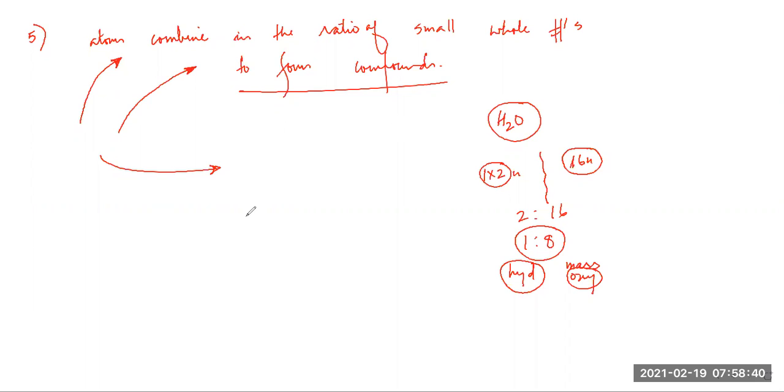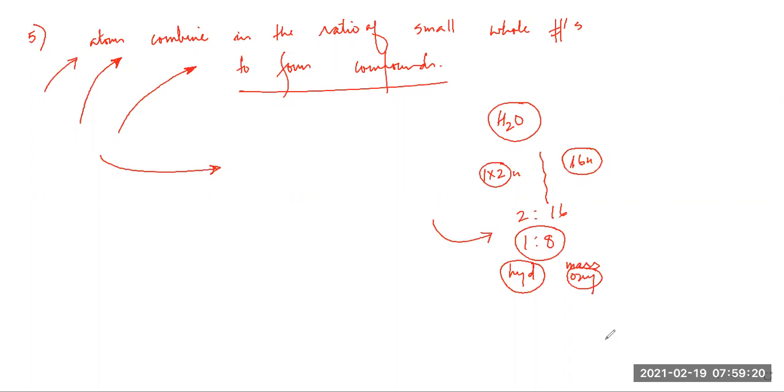But still, at that time, most people did not really know what the atomic structure was, what the main building block of an element, a compound or a mixture was. Dalton's postulates really helped in understanding matter at the microatomic level. So this postulate says atoms combine in the ratio of small whole numbers to form compounds, and hence we got this ratio.